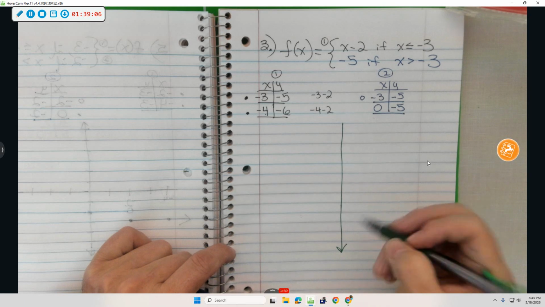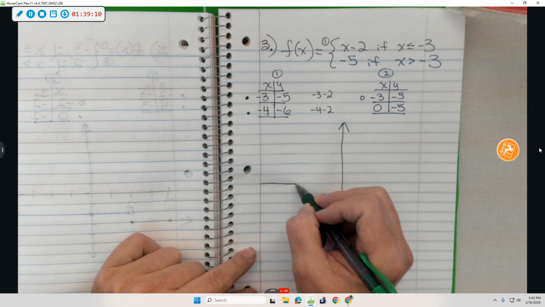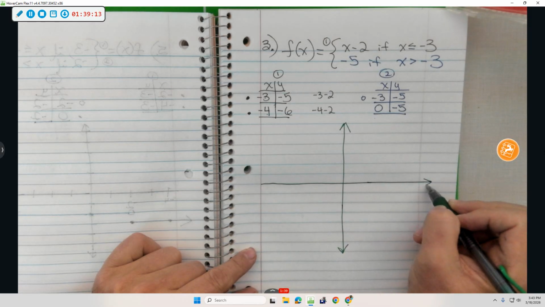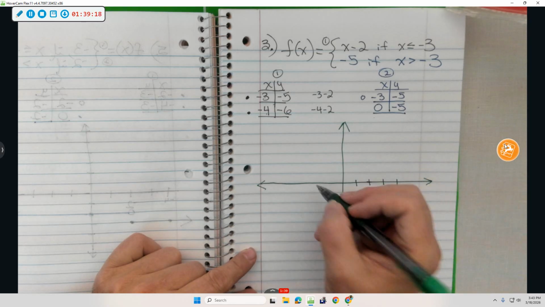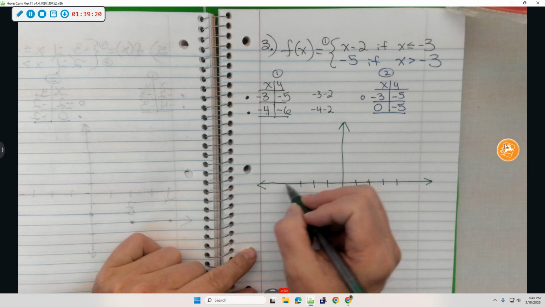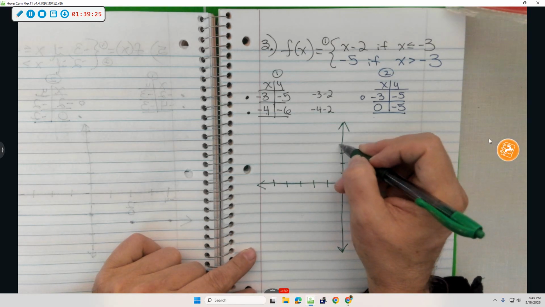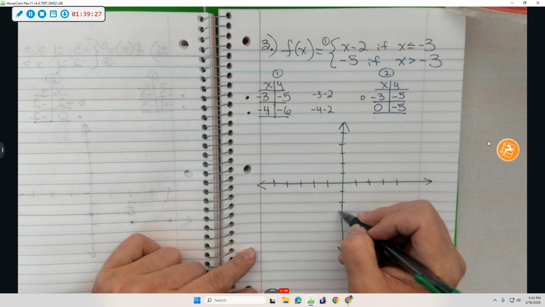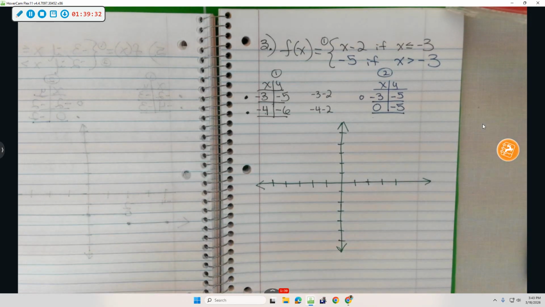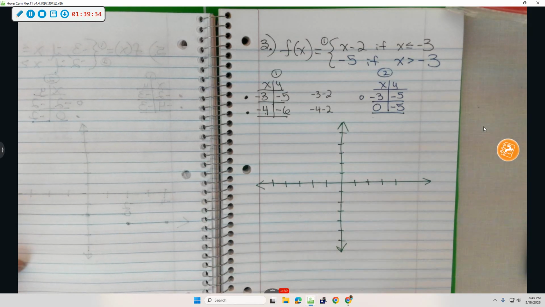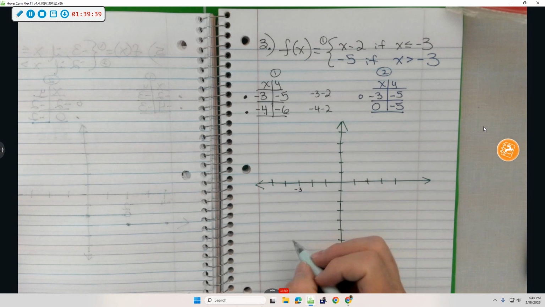I draw my XY grid. Okay, so I go to -3, -5: left 3, down 5.